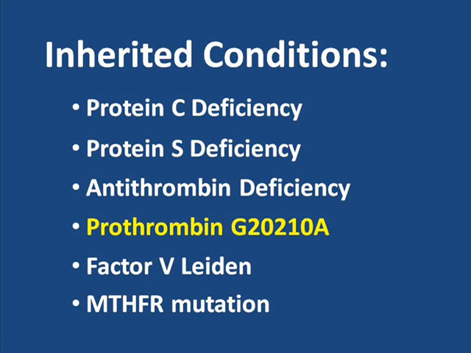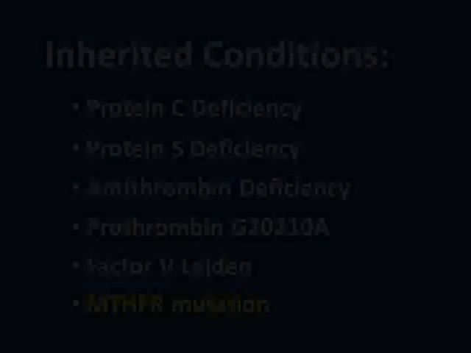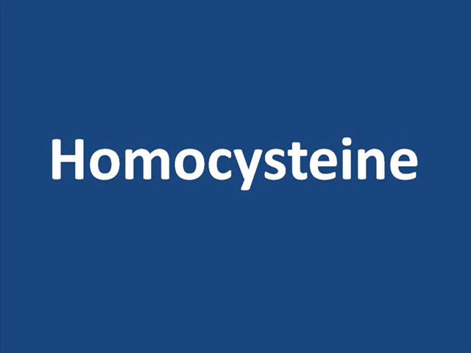Another is due to the overproduction of one of the body's clotting factors, caused by an abnormal gene. And yet another is due to the production of a variant form of a natural clotting factor, such that the control mechanism that usually neutralizes this factor is no longer as effective. And finally, a gene mutation may result in moderately increased blood levels of homocysteine, a substance that's been linked to both atherosclerosis and thrombosis.